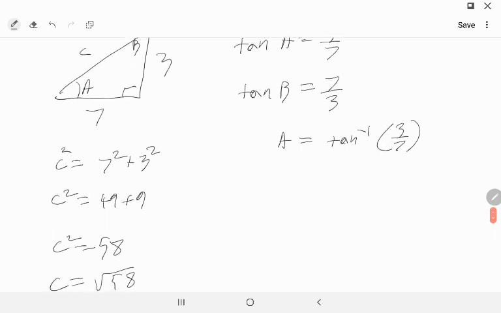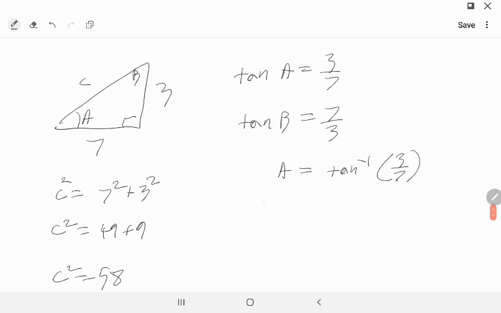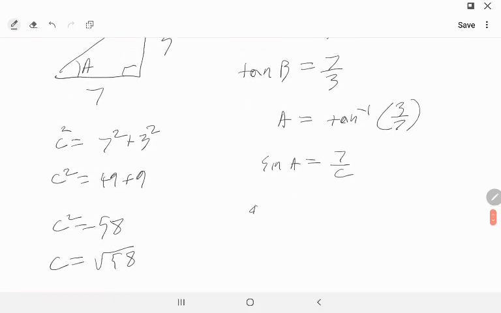We could find out that angle, and then we could say sine of A has to be 7 divided by C. So the sine of inverse tangent of 3/7 should equal 7 divided by C.